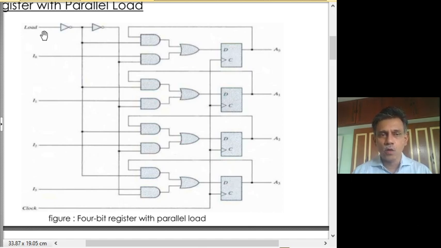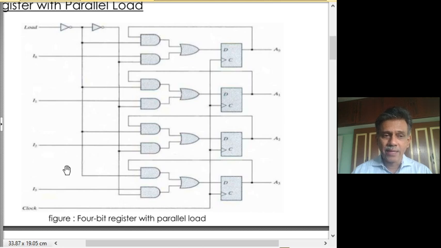If the load is equal to 0, then these external bits are not taken inside and used for storage. So we can control when we want to store the inputs and when we don't want to store.